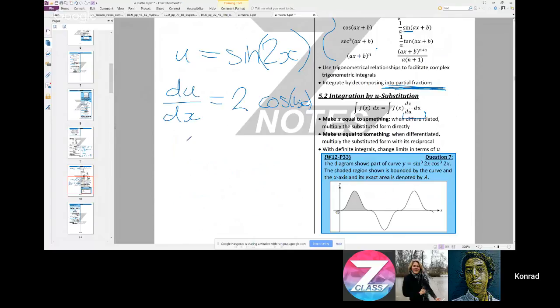So the other thing that you can do here is rearrange this and put dx up on one side and say dx equals du over 2 cos of 2x.